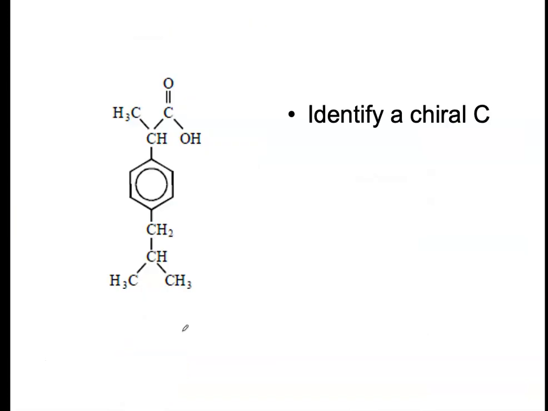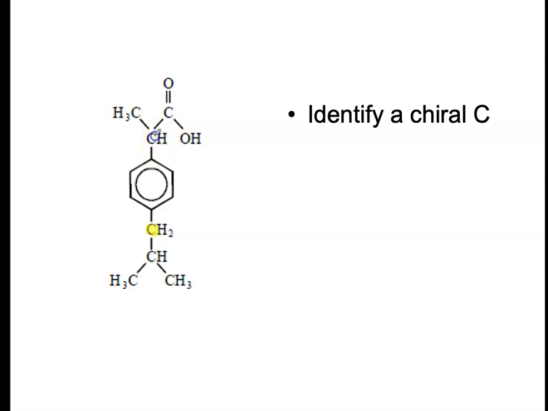Okay, identify the chiral carbon here. Have a close look at this. Which carbon is chiral? Let's have a look. It can't be this one because it's got 2 hydrogens attached. Can it be this one? Well, 1, 2, 3, 4.